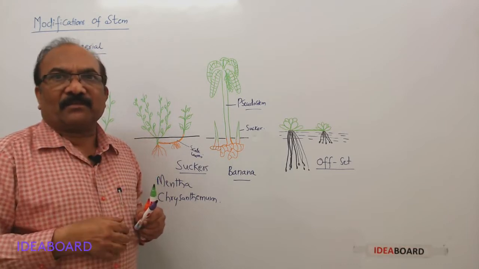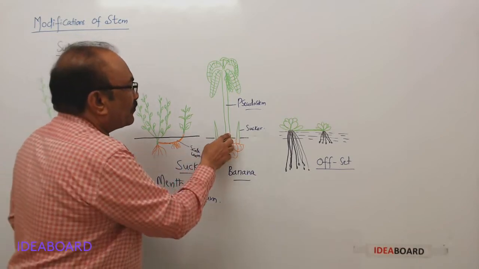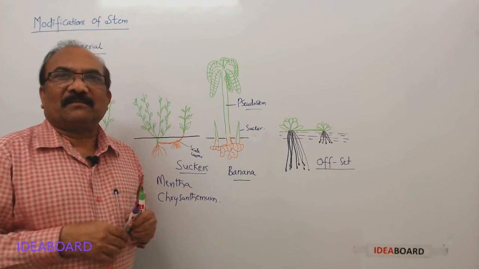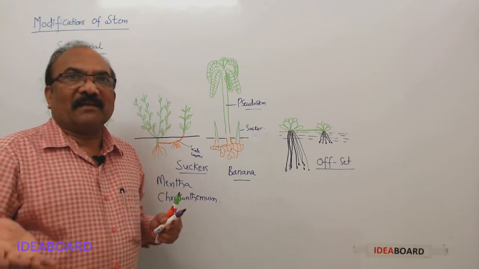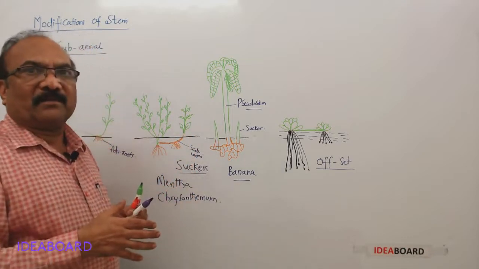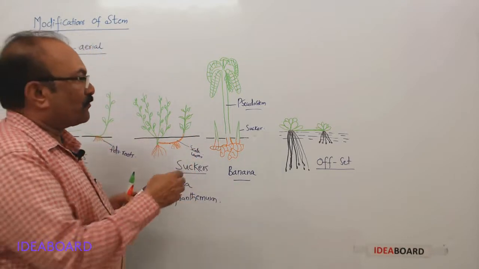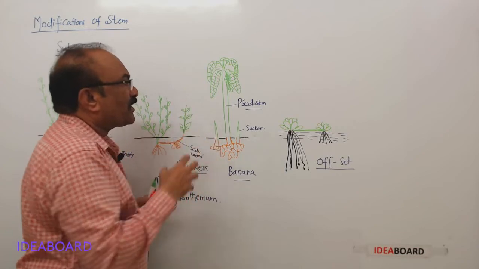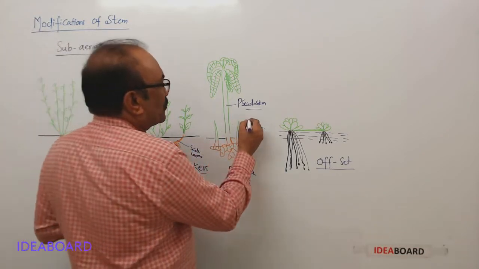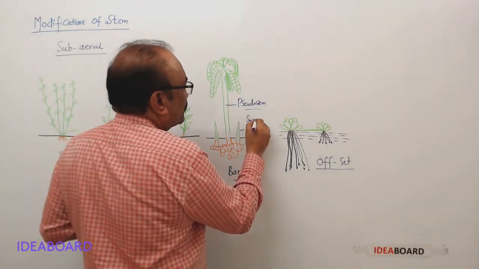They will harvest the fruit and they will cut down the entire aerial shoot. Then how do they again get the plant? Don't forget, when you observe in the field, you'll find some sword-like structures coming out. They're suckers. That's why they're also called sword suckers.